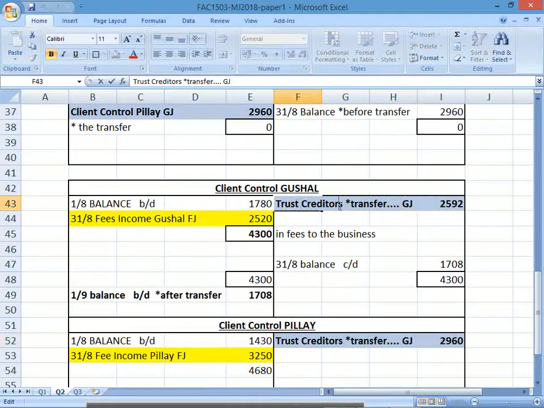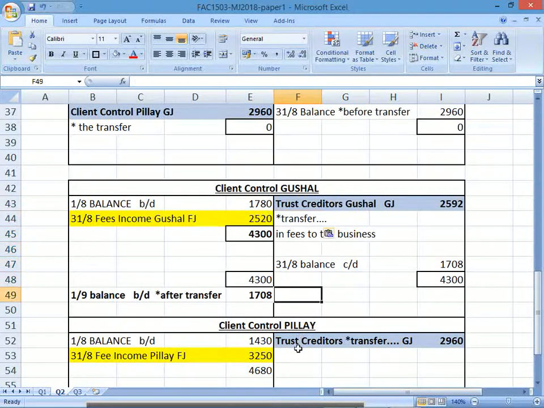This should have been trust creditors G, Gushel, for the transfer. This would have been for P. And that amount would have been the same amount as there.